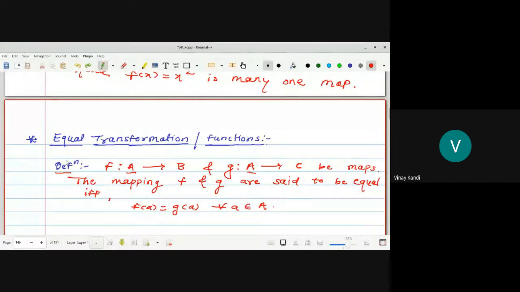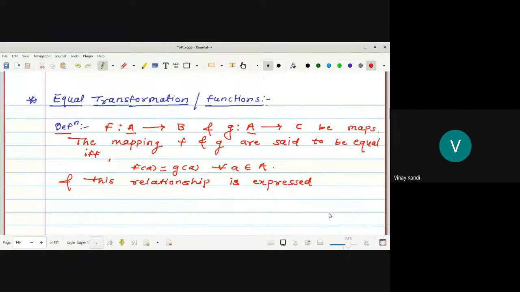And this relationship is expressed by writing f is equal to g.